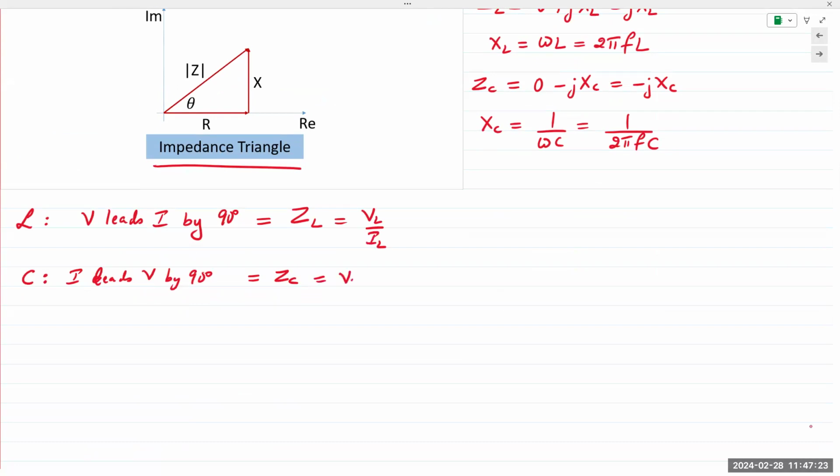Similarly here, ZC is VC over IC. Now, if you're performing this math, what happens to the phase or the phase angles?